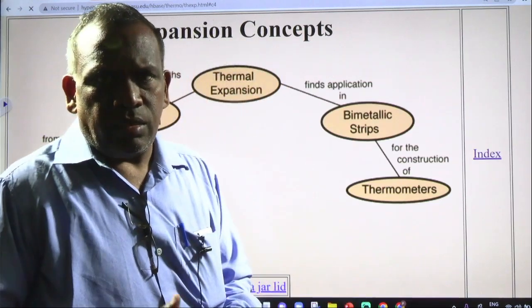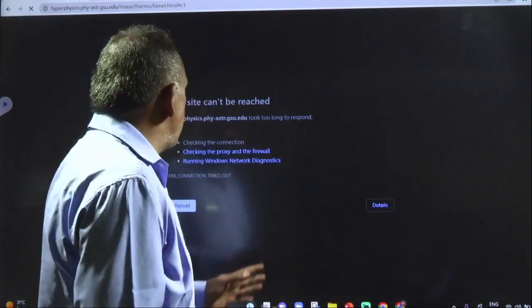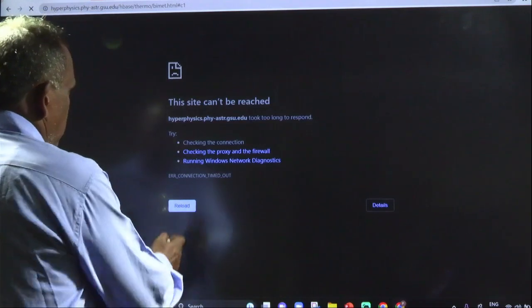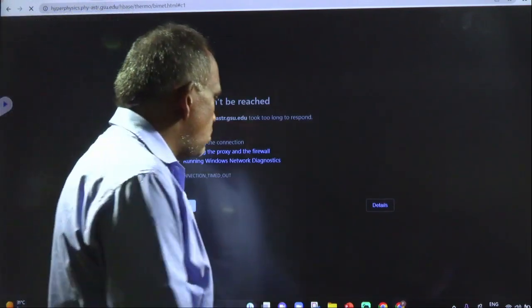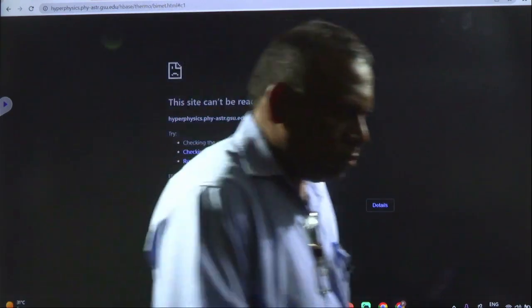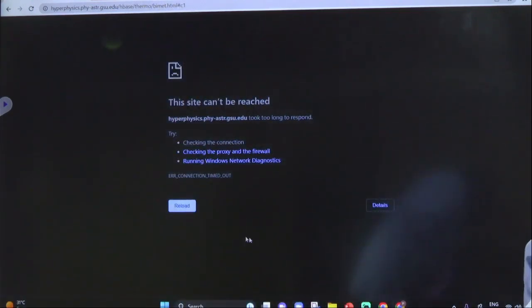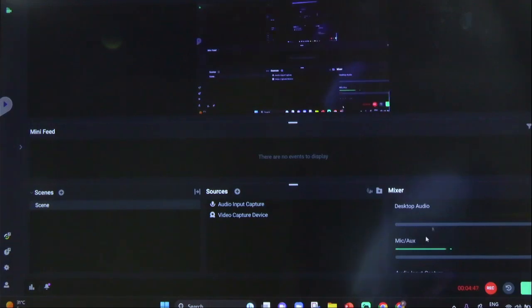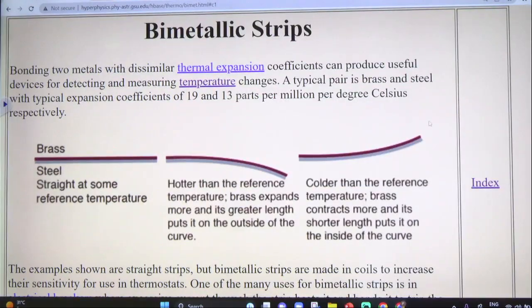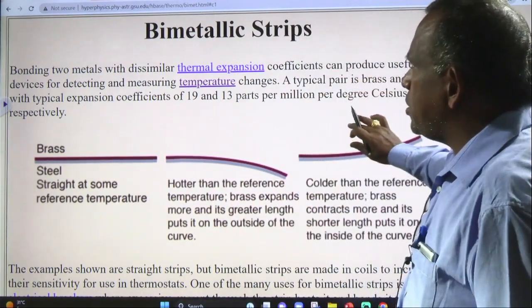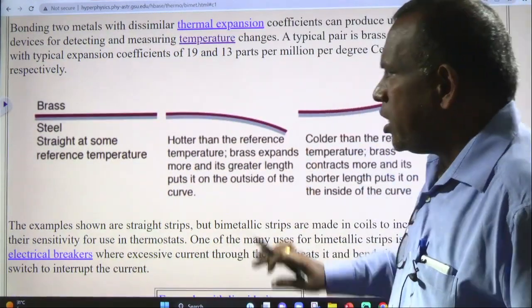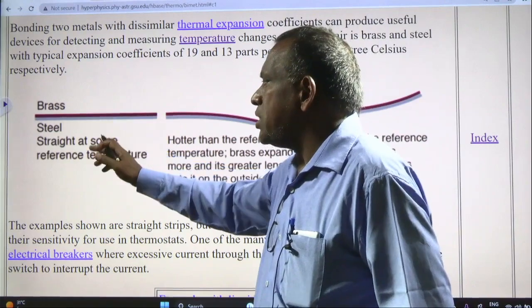Let us take bimetallic strips. See, the bimetallic strips are two different materials like brass and steel.